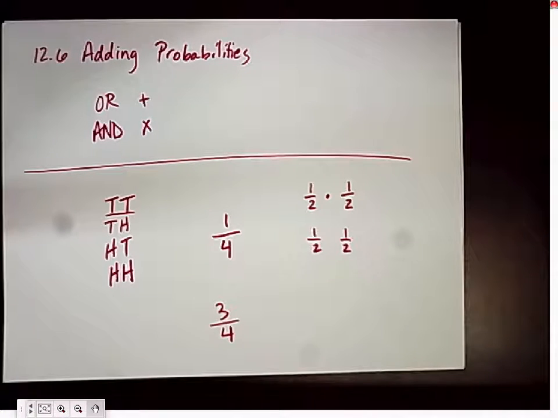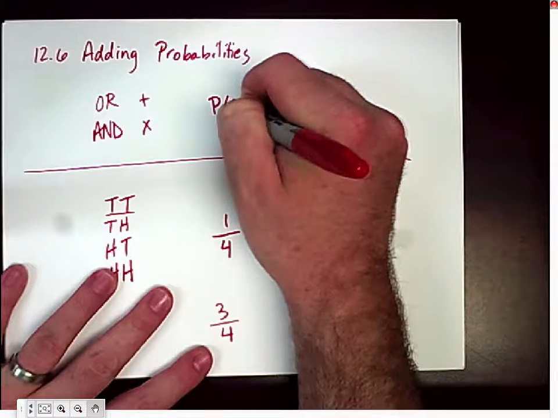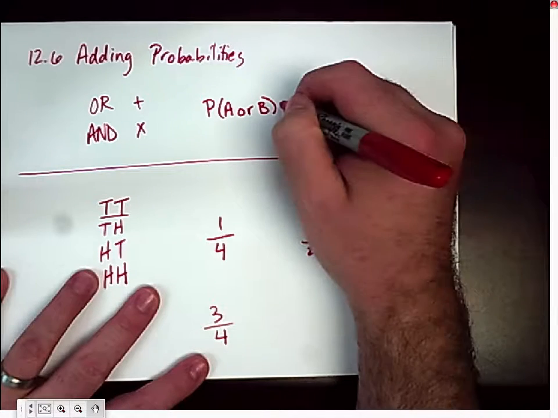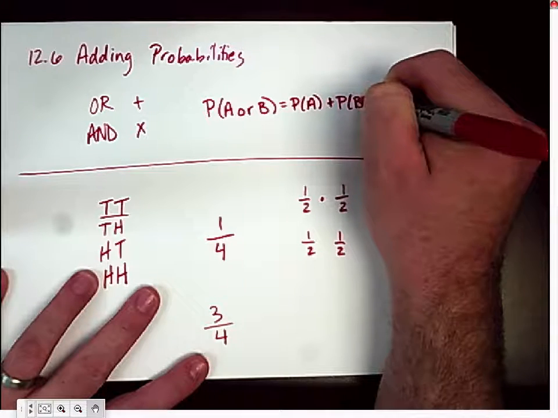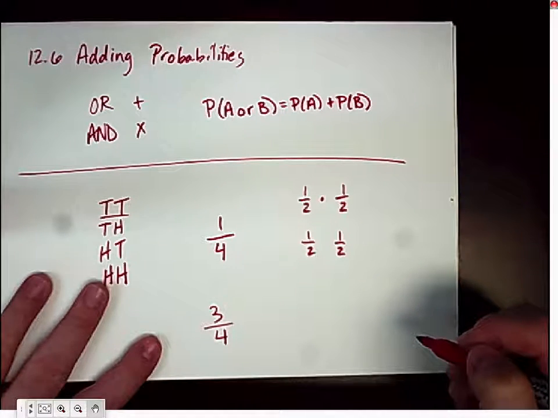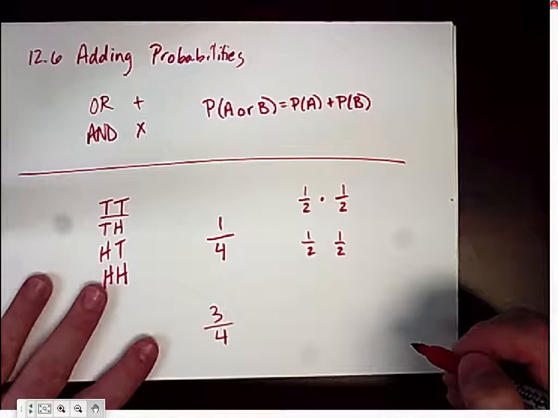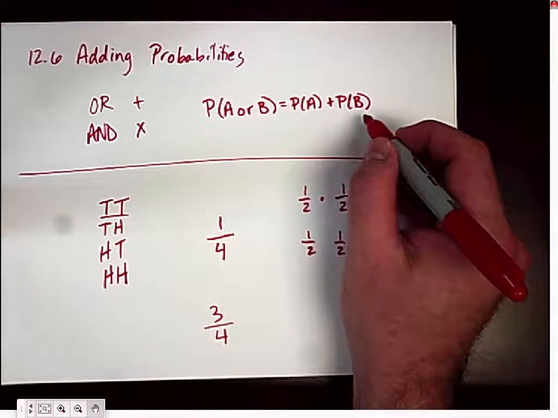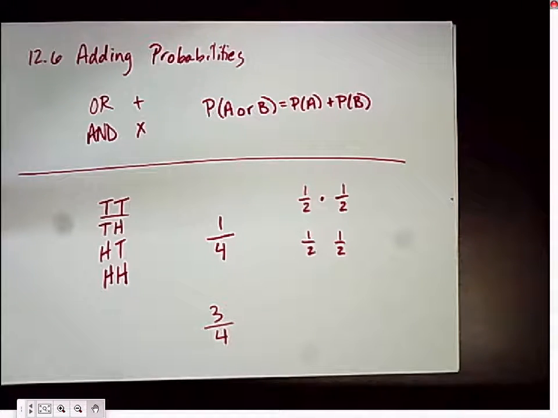Okay? So here's the formula. The probability that A or B happens is the probability that A happens plus the probability that B happens, but we run into a problem if we counted any outcomes twice, right? So this formula is not complete, okay? We've got to decide how to modify it. But let's think back to the 10th grade girls example.